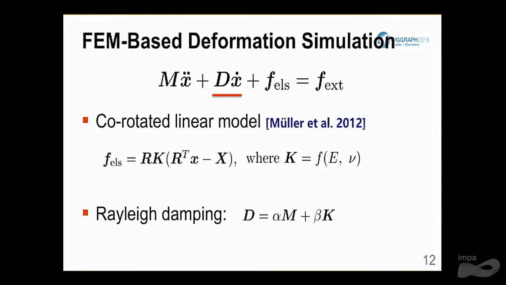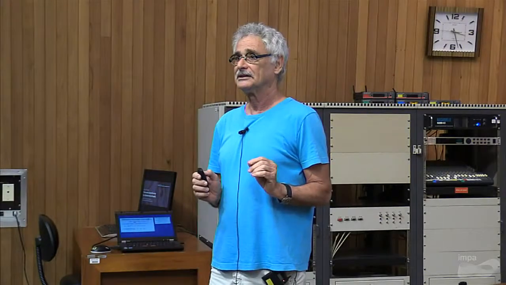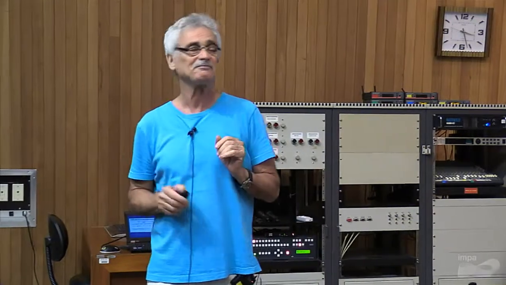Without thinking about it too much, if you put this in here and assume that M and K are constant and f is not there, then you can do an eigenmode analysis. Whereas if this is general, as it should be, you can't. And nobody knows what the damping should be. This is an open question, in fact, in engineering as well. So let's do that. Any question at any time, by the way? Just stop me if you have a question.